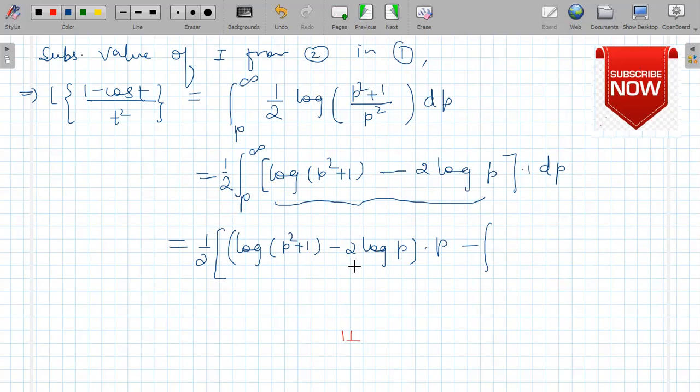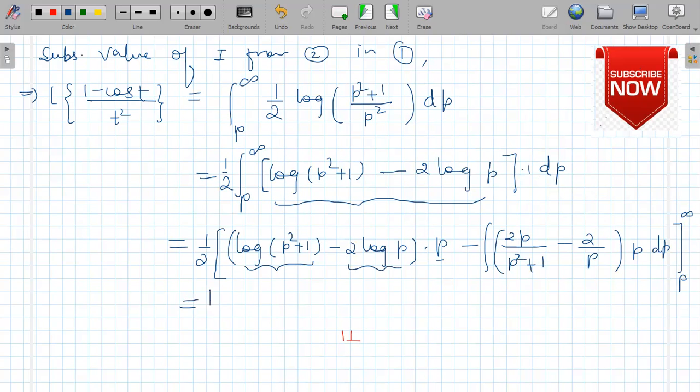So differentiation of this is 2p upon p square plus 1, and the differentiation of this term will be 2 upon p, and into p, integration of 1 with respect to p dp with limit p to infinity.